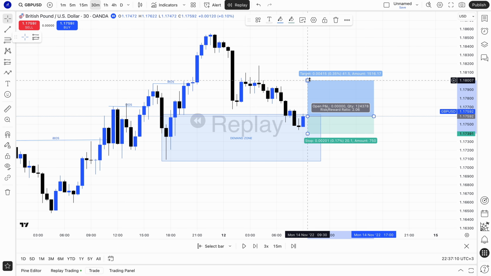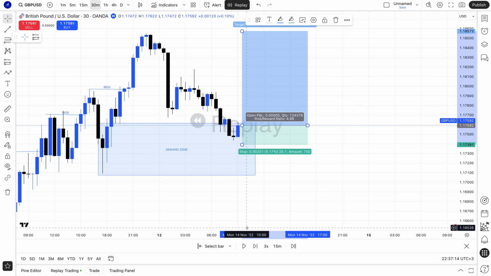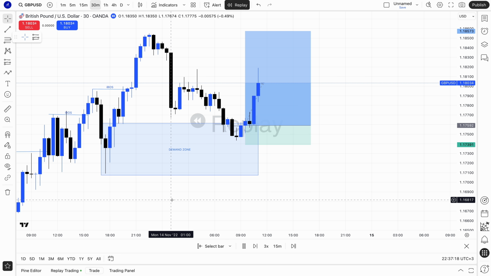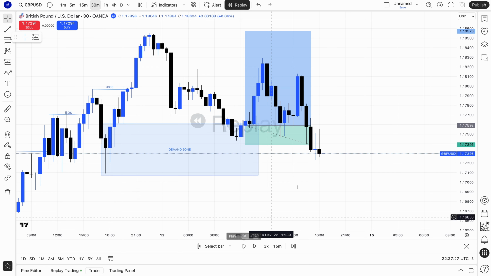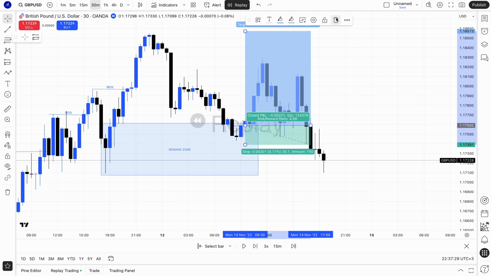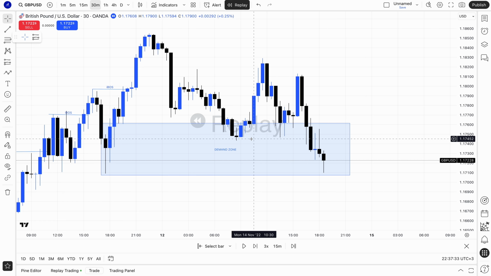Stop loss just below our last candle, our entry candle. We almost got ticked out. We took that loss.